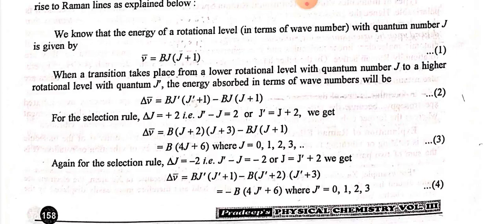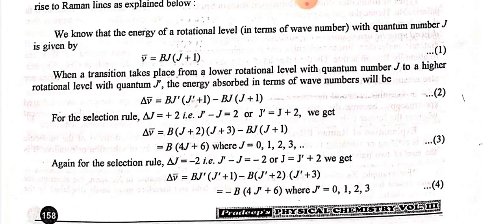For the selection rule delta J equal to plus 2, that is J dash minus J equal to 2 or J dash equal to J plus 2, we get delta nu bar equal to B into J plus 2 into J plus 3 minus B J into J plus 1, that is equal to B into 4J plus 6, where J is equal to 0, 1, 2, 3 and so on.